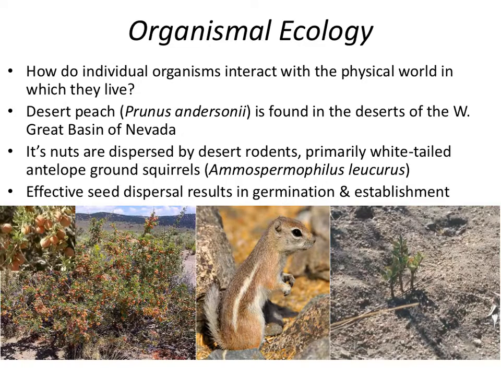So we have a little antelope ground squirrel here that's pretty well adapted to the desert. It lives in a very dry environment. It's out during the day, not at night. Now, I'm showing this plant here because this animal is very, very interested in the fruits that are on this plant.